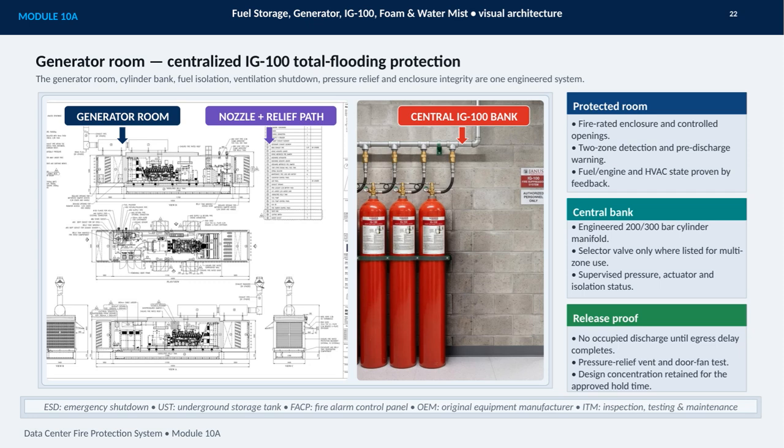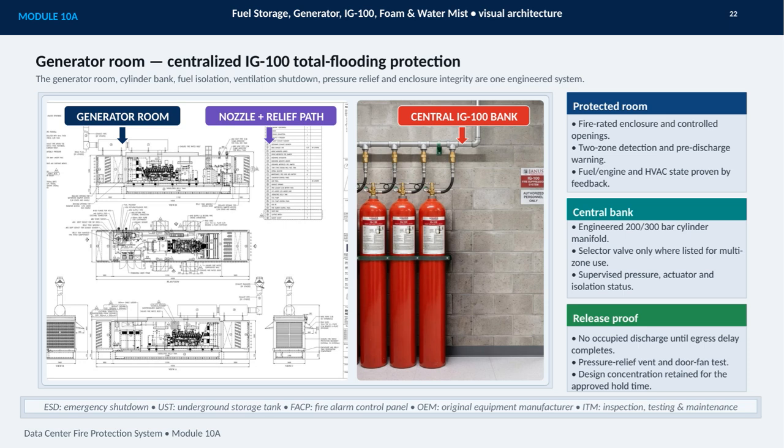At the center is the IG-100 bank, using an engineered 200 or 300 bar cylinder manifold. A selector valve is appropriate only when the system is listed for multi-zone service, and pressure, actuator, and isolation status all need supervision. The discharge path also includes the room nozzles and a pressure relief route.